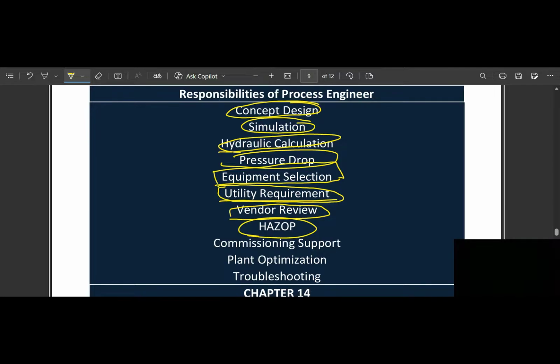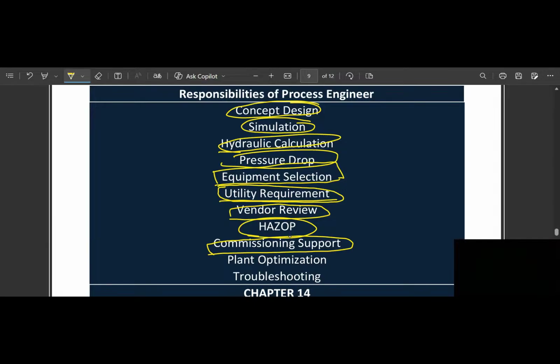Then commissioning support. We are responsible for commissioning support, because we have designed that plant, so we know the flow rates, temperature, pressure, and the plant sequence.